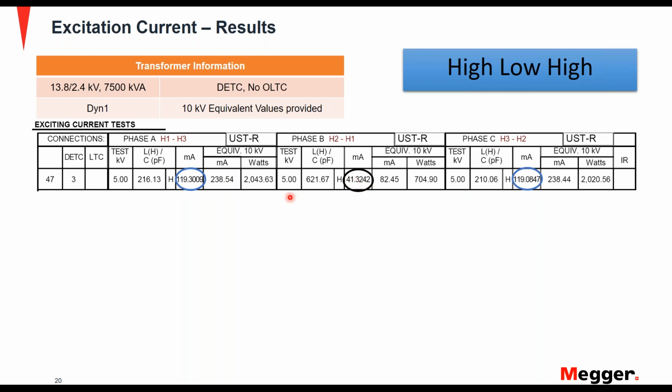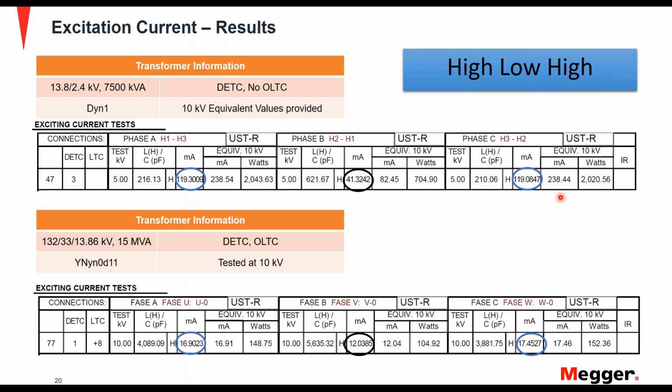Because this test was not performed at 10 kV, and we discussed in the previous part of our slides that a 10 kV equivalent is used, an equivalent value of milliamps and watts is available. Even with that equivalent, we can see that the high-low-high pattern of 238.54, 82.45 for the B phase, and 238.44 for the C phase has still been maintained.